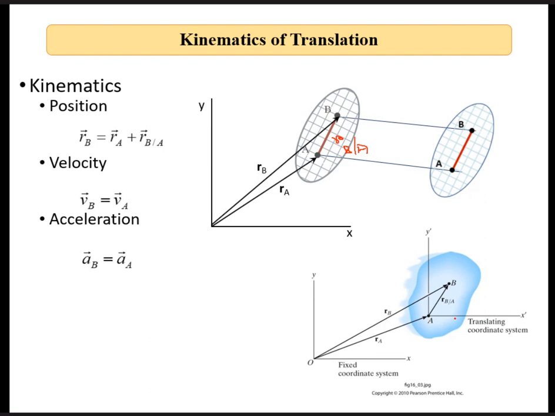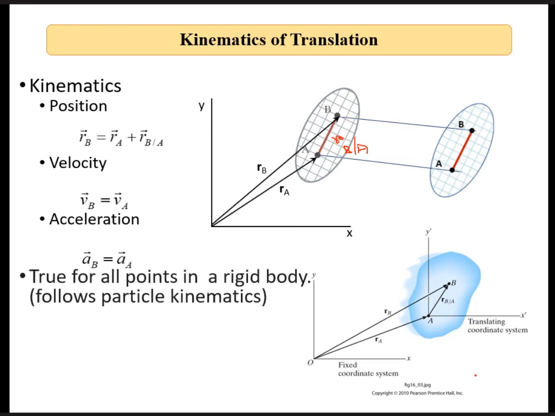With respect to this x dash y dash axis, it is RB slash A, or relative position of B with respect to A. And similarly, acceleration will be equal to acceleration of A. So it is true for all points on a rigid body, and it follows particle kinematics. Now, point A and point B, they are fixed in the body.